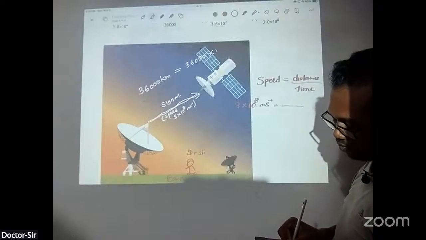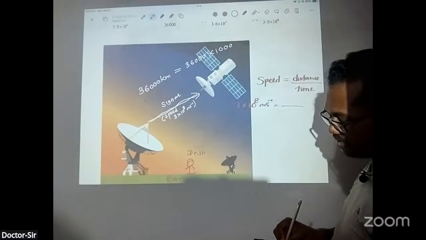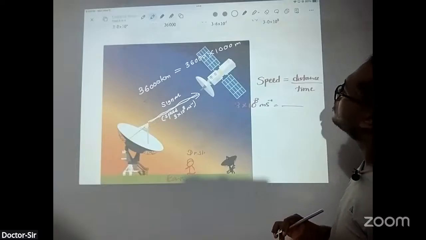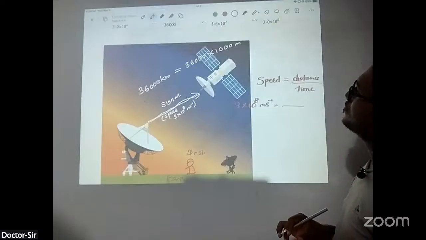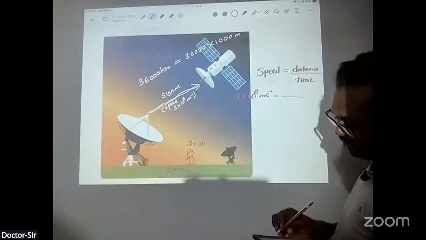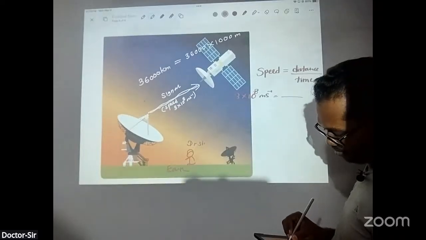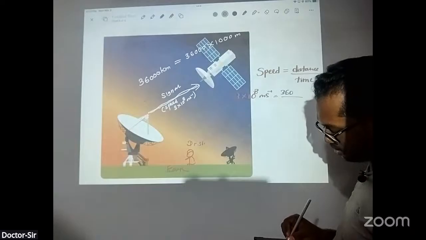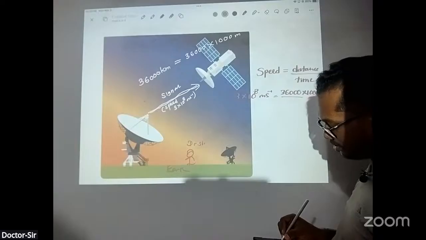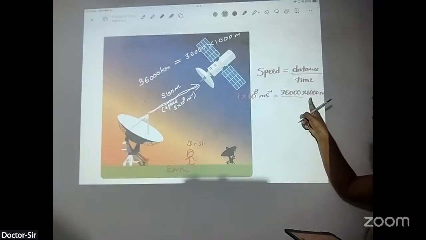Now we should multiply it by 1,000, then we will get it in meters. So I will apply here 36,000 multiplied by 1,000 meters. Okay, so this is the distance.